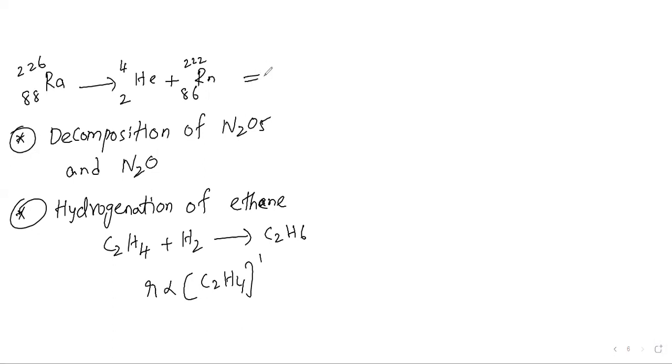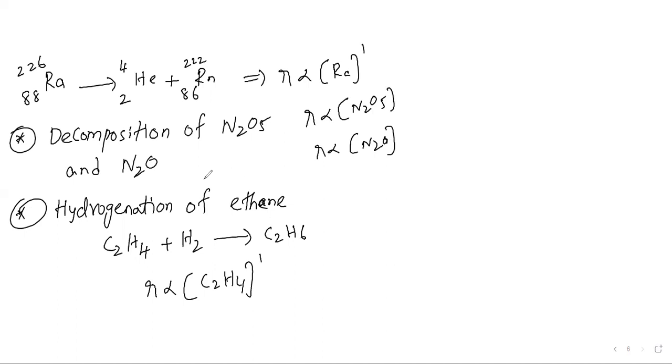For this one, rate of the reaction R is proportional to the reactant to the power 1. For decomposition, rate is proportional to N2O5 power 1. That's all about today's class.